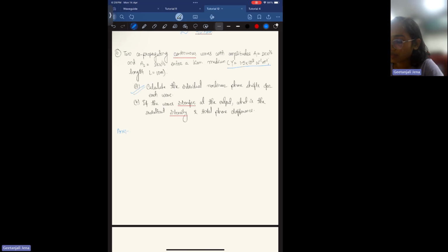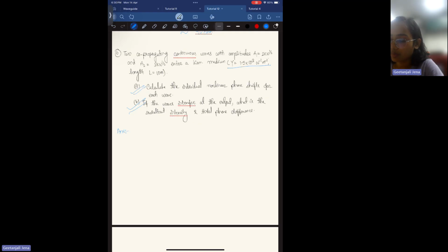The first part asks what is the individual nonlinear phase shift for each wave. In part B, consider a situation when we interfere these two waves at the output. Then what should be the resultant intensity and the total phase difference?